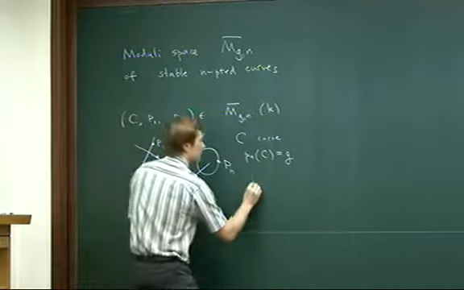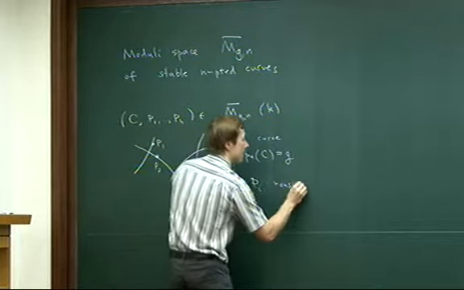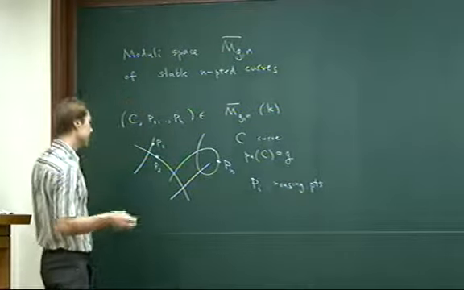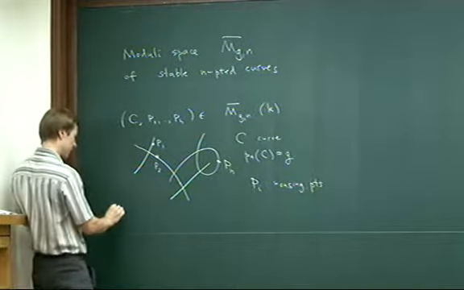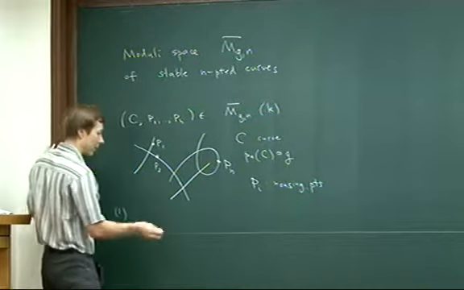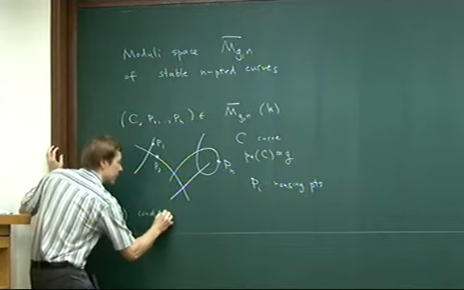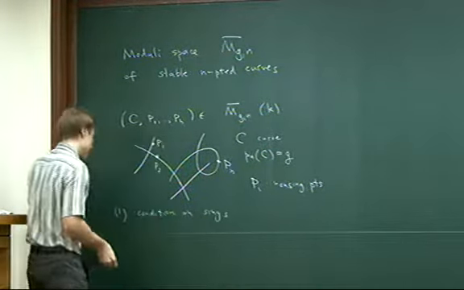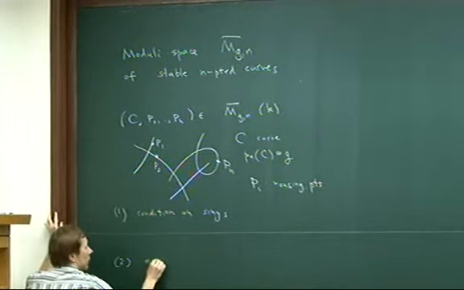So the P_i are non-singular points which satisfy several conditions, and one of them is a condition on singularities, and the other one is a numerical condition.